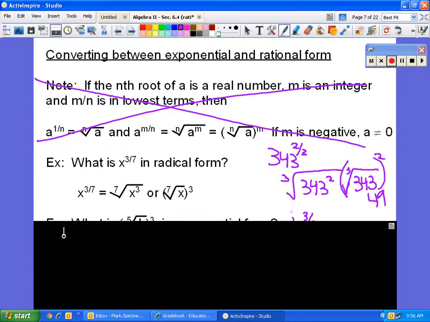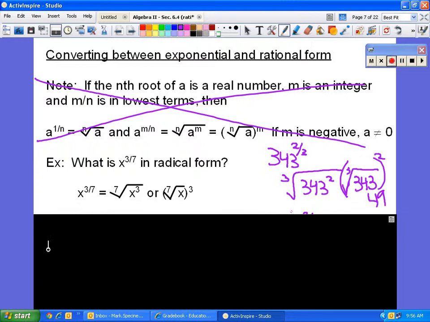Now notice, I have another way that I can represent it. I don't have to put the exponent inside the radical sign. What I can do is put the radical in parentheses and put the exponent outside. So in other words, I can say this one of two ways.